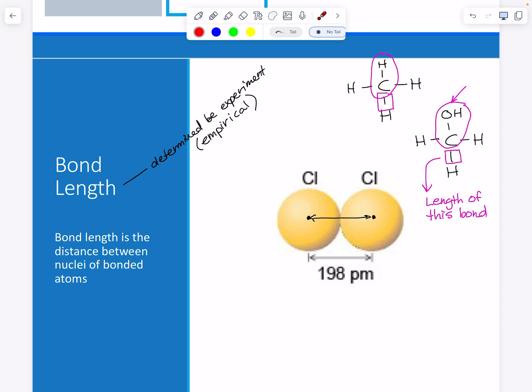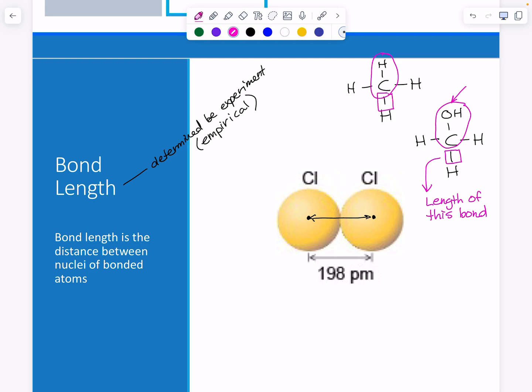A carbon-hydrogen bond has an average length no matter what molecule it's in, but it's going to vary ever so slightly depending on the larger context, depending on exactly what molecule it is.